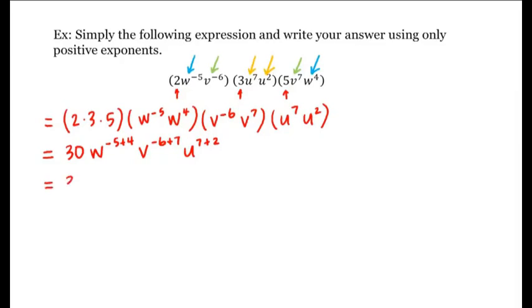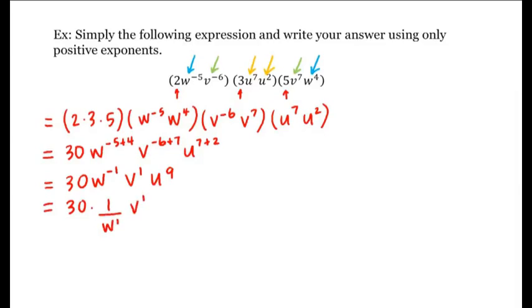equal to 30 times w to the negative first power times v to the positive first power times u to the ninth. And then by the negative exponent rule, this is equal to 30 times 1 divided by w to the first power.